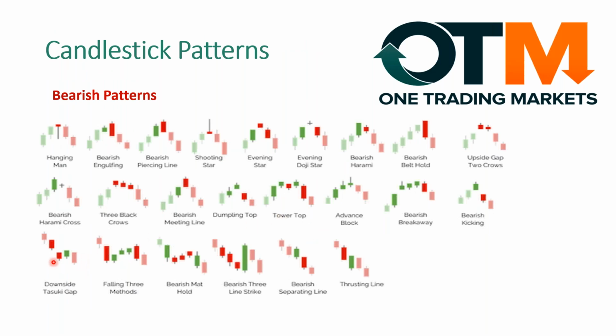Here we have a few continuation patterns. A continuation pattern means that the market will continue in the same direction it began with. For example, the falling three methods. We're having a downtrend in our example, and notice how we have 3 green candles.